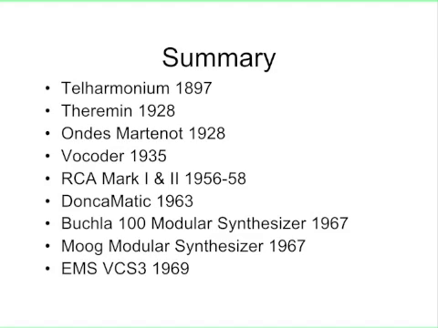And then we talked about the Donkamatic, the first drum machine, which came out in Japan in 1963. And we took a look at the Buchla 100 modular synthesizer and the Moog modular synthesizer, two of the first modular synthesizers to come out in 1967. Modular synthesizer meaning that the different components are essentially separate and different modules are plugged together using patch cords. And then finally we looked at the EMS VCS3 in 1969.